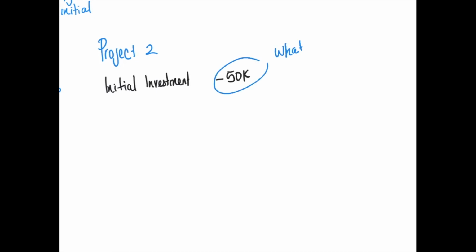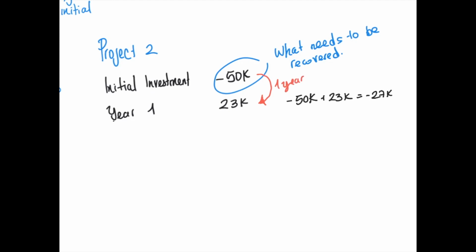Now let's take a look at project 2. It requires an initial investment of $50,000, which is what needs to be recovered. In the first year, Alessia and Aisha will recover $23,000. It means that after 1 year, they have only $27,000 to recover.